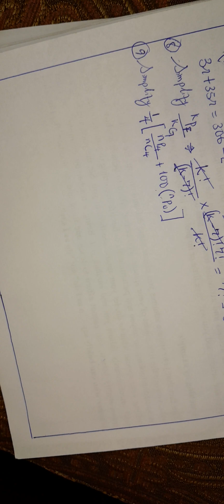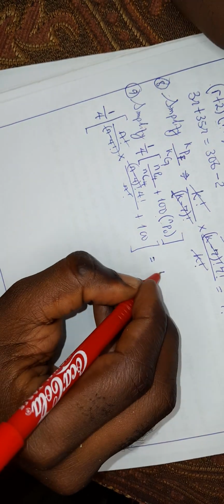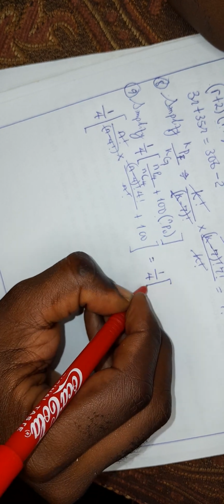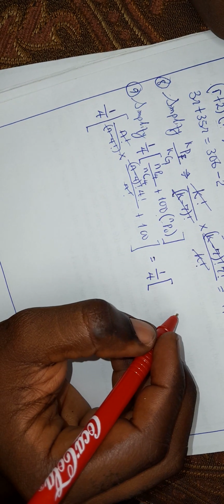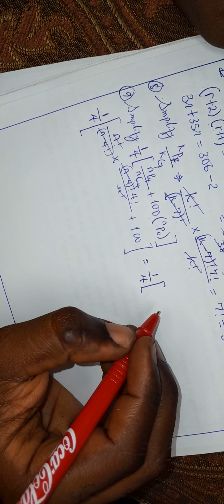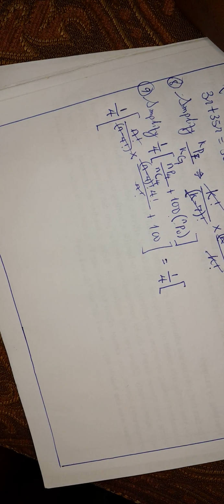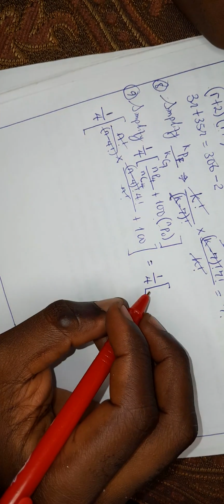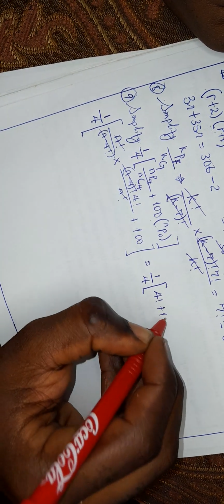And then this, I'm going to expand it. This is what it's going to look like. So everything here is 1, so I'm left with 1 over 4. Oh, there's a problem with the question, but there's no problem. 4 factorial plus 100.